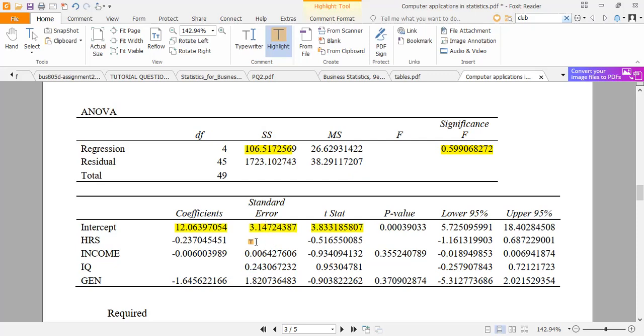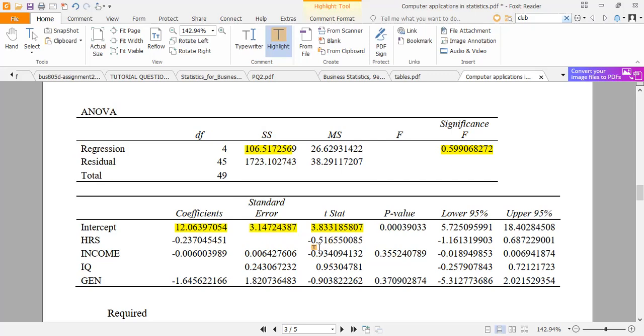So if you want to fill the table, the standard error for HRS will be the beta of negative 0.237 divided by the T of negative 0.517. I'm rounding them.